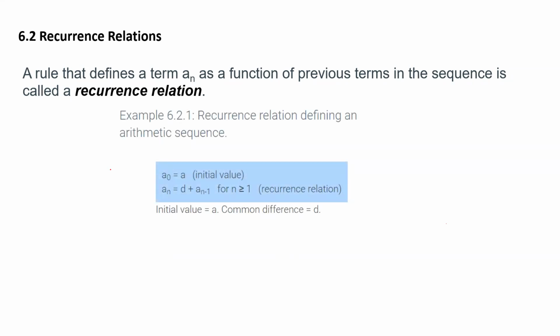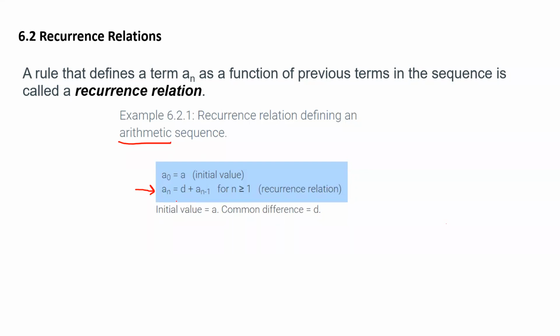For an arithmetic sequence, where we're adding something continually, we could use this recurrence relation to define that. So this is always going to start with an initial value, and then it's going to have some kind of formula that defines one term based upon the previous term.